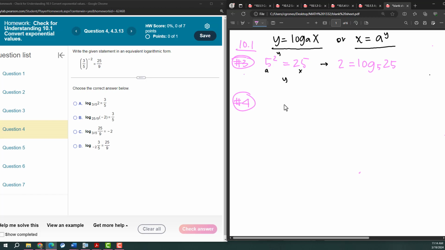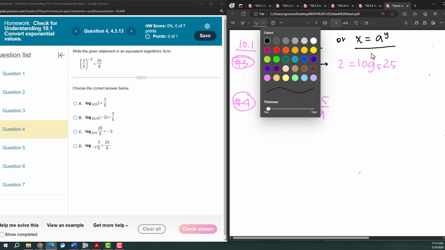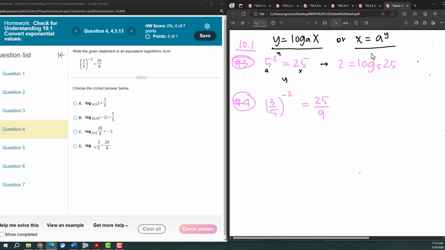Again, they give it to us in exponential form, and we're converting it to log form. So in this case, we have some fractions. Don't let that confuse you. We're still going to follow the same rules that we are using up here. So we've got that y is going to equal -2. Our 3/5 is going to be the base a, and then 25 over 9 is our x.